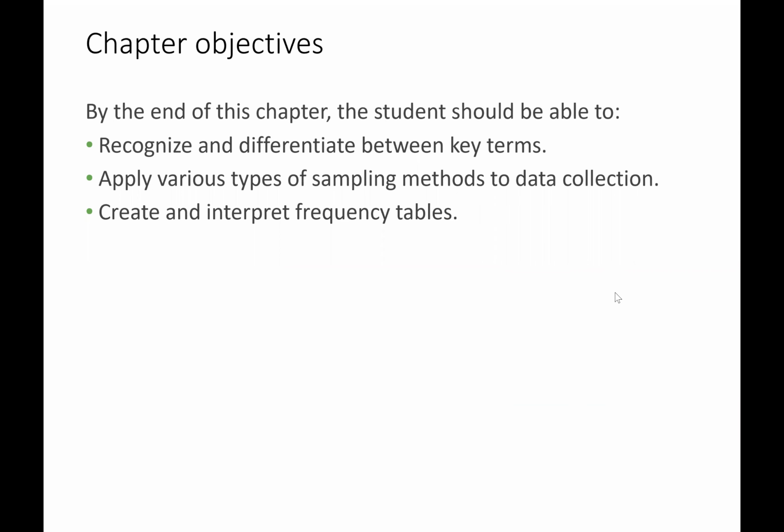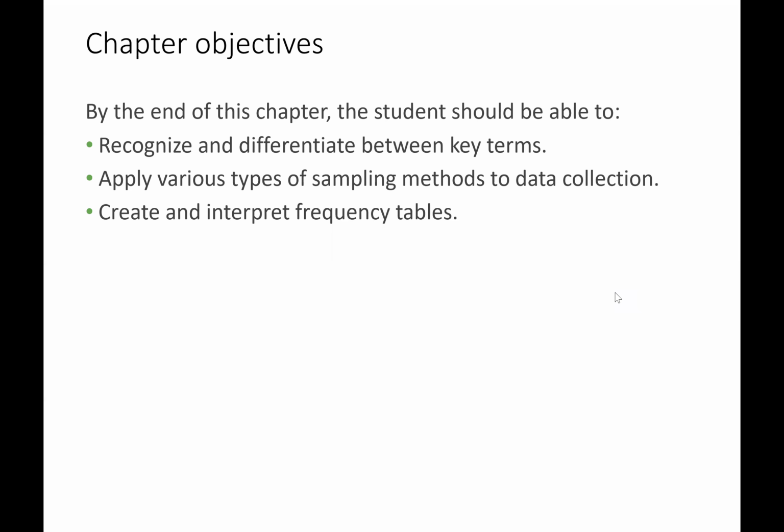So in chapter 1, it's a lot of terminology. So what we're going to do is talk about all the key terms that we need for a statistics course. And then we're going to talk about sampling methods. What you want to use statistics for is data collection so that you can organize and analyze your data.